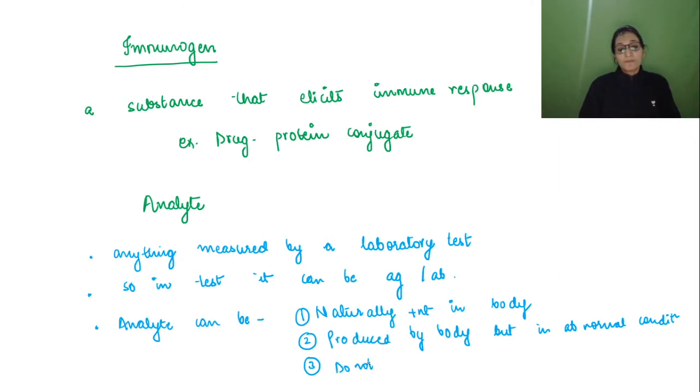So these are the three categories into which the analyte can fall: naturally present in the body, produced by the body in cancer and similar conditions, and not naturally occurring in the body, like drugs.